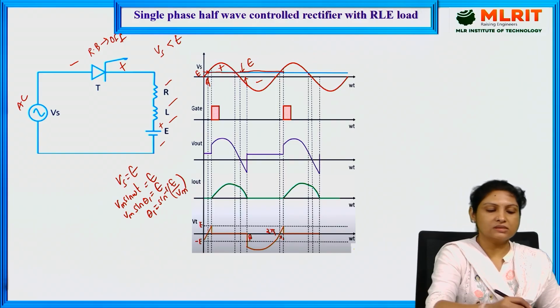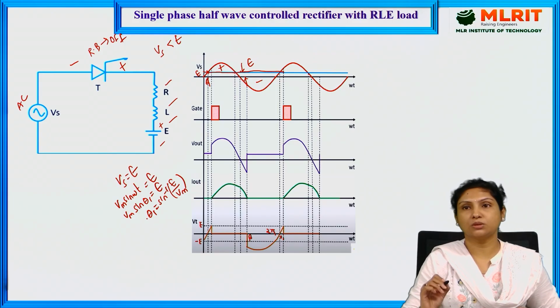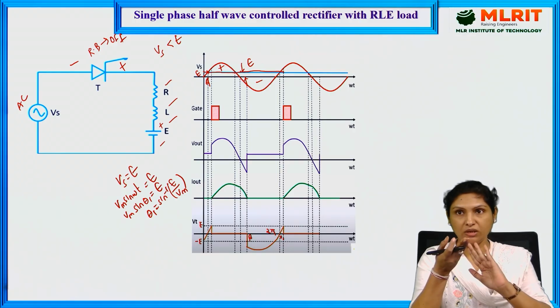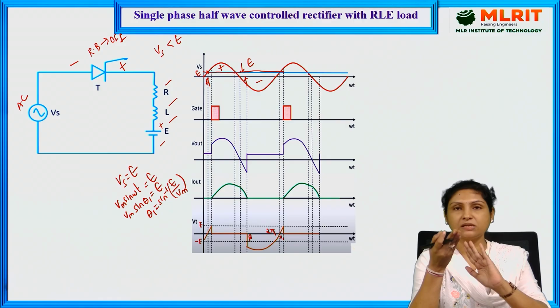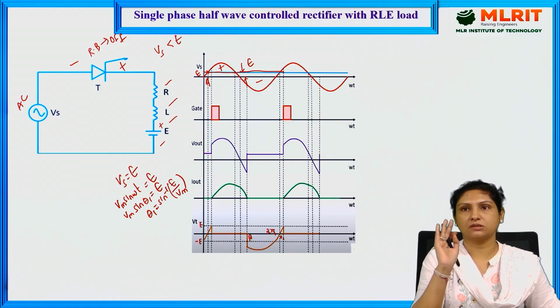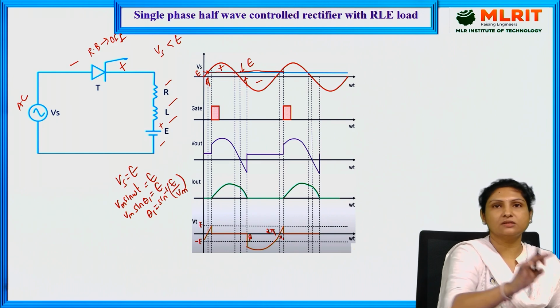So, this is the minimum angle which is required to turn on the thyristor. I mean, beyond which only we need to provide the triggering pulse, and below this angle we cannot provide the triggering pulse because the thyristor remains in off state.